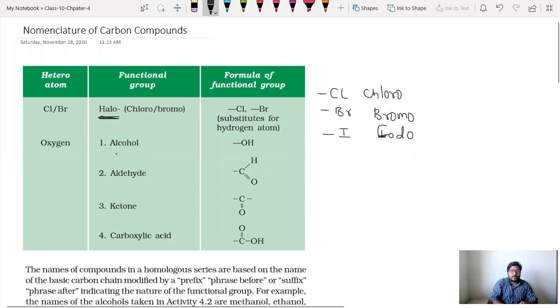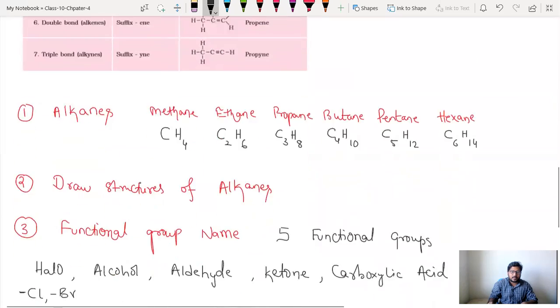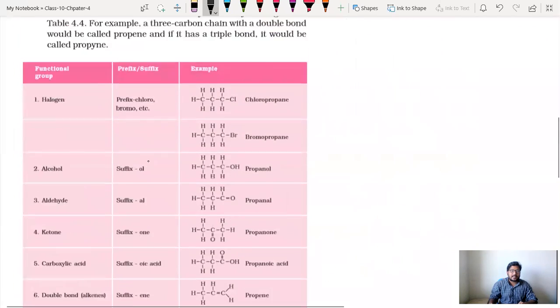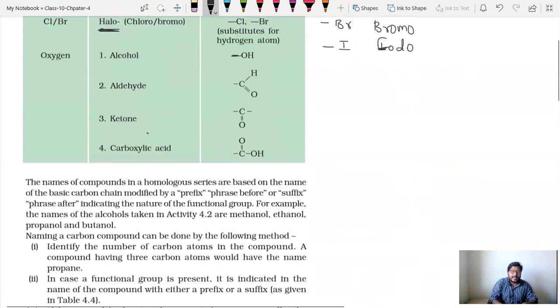Whenever you want to add the alcohol functional group, the formula is single bond OH, O for oxygen, H for hydrogen. Next, aldehyde.